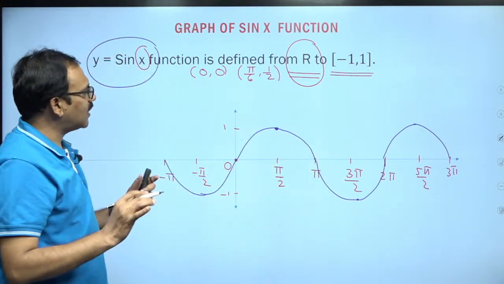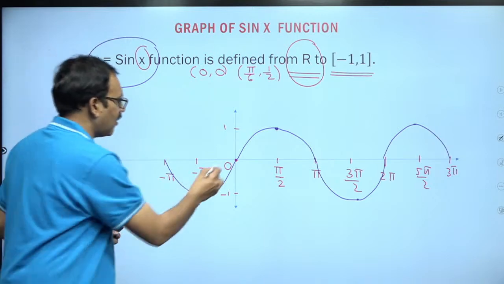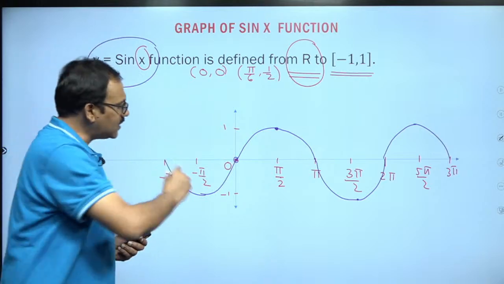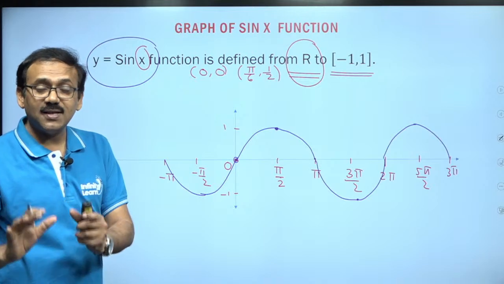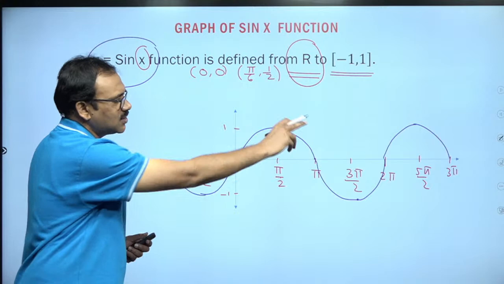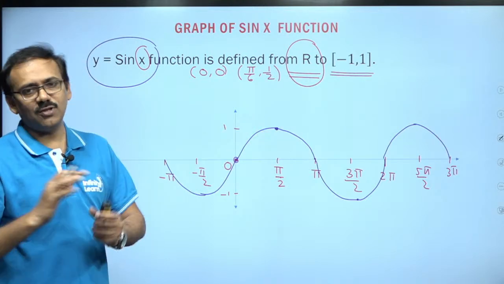So, what are the observations here from this graph, my dear students? Point number 1, the sine graph passes through the origin. It is a smooth curve. Of course, even though you do not know mathematically what a continuous function is, one can say that there is no break in the curve, it goes continuously, it is a continuous smooth curve.